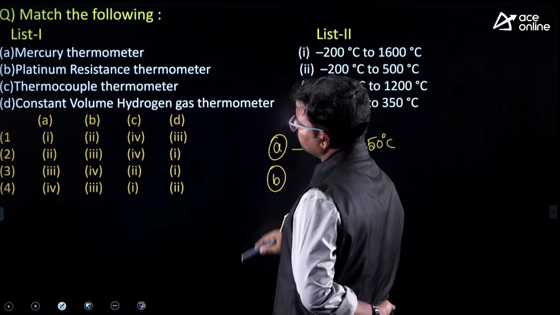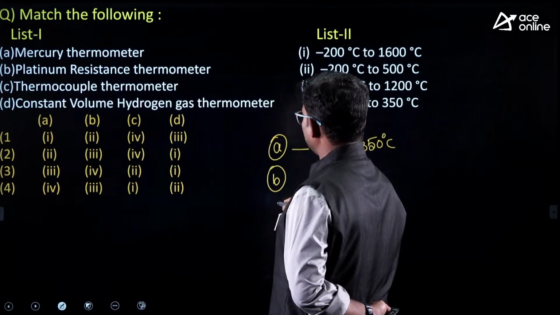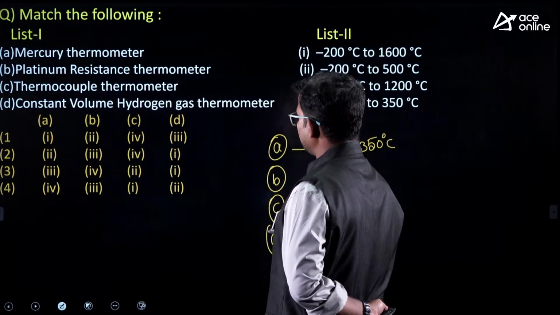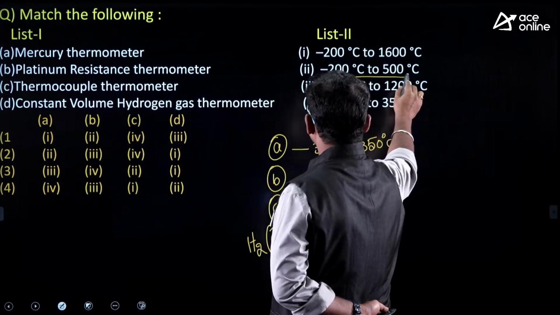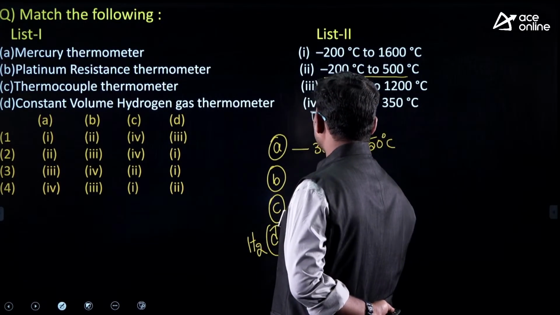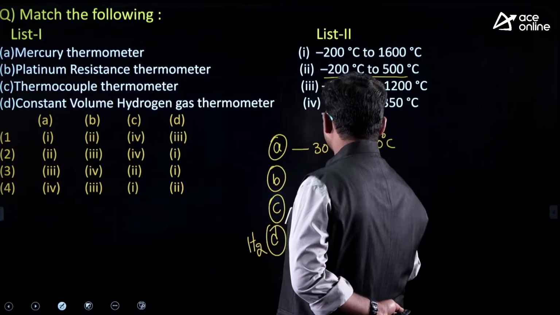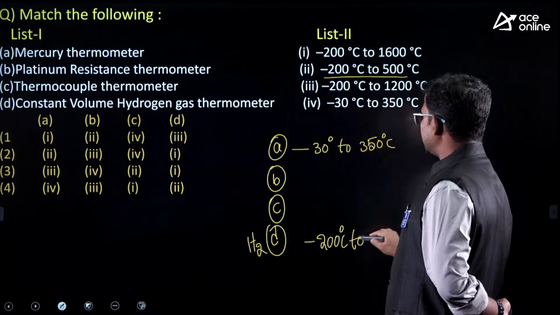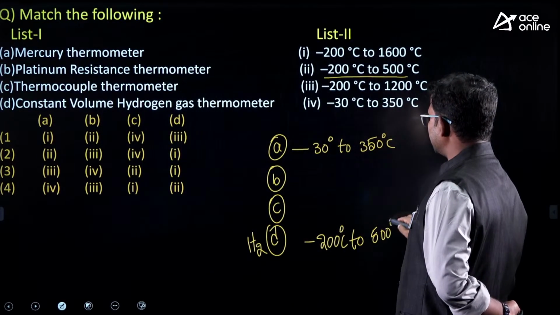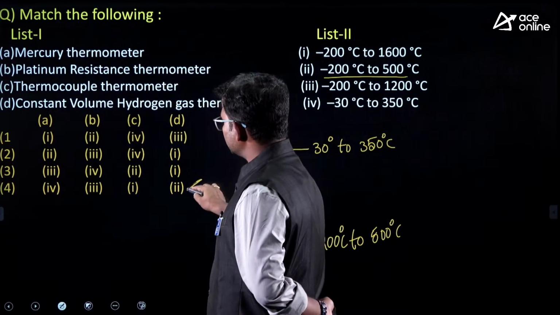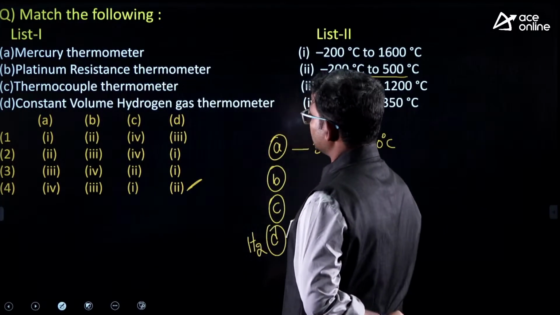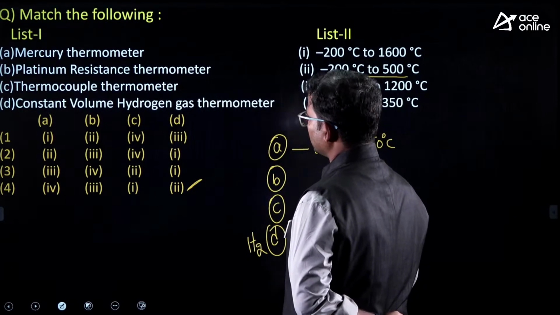Option A, mercury thermometer, range minus 30 to 350 degrees centigrade. Next, D, the hydrogen thermometer, its range is minus 200 degrees centigrade to 500 degrees centigrade. So here we get option D as 2, and option A as 1.